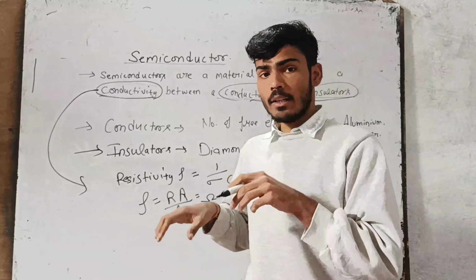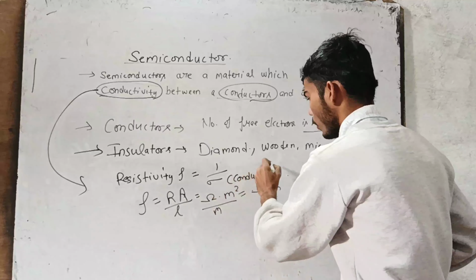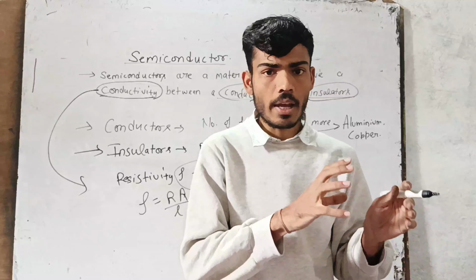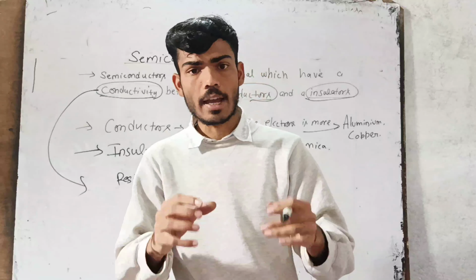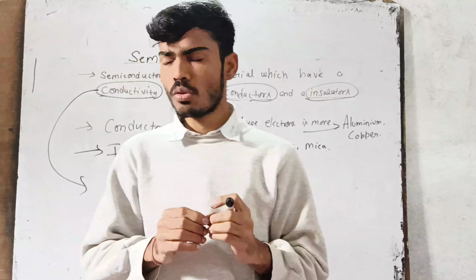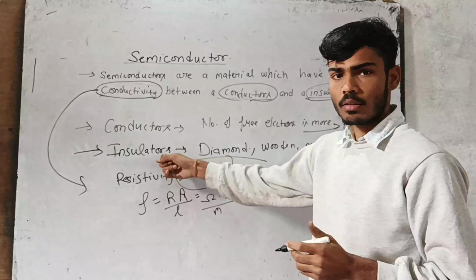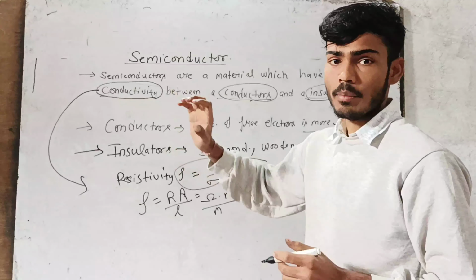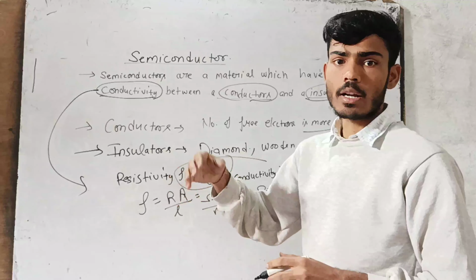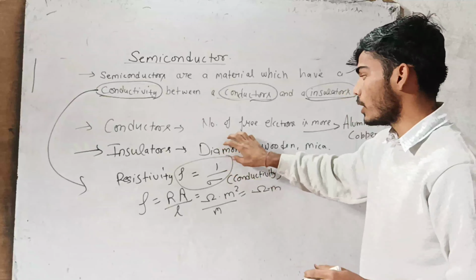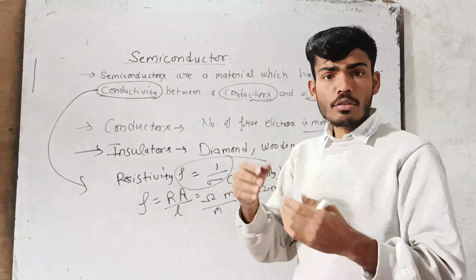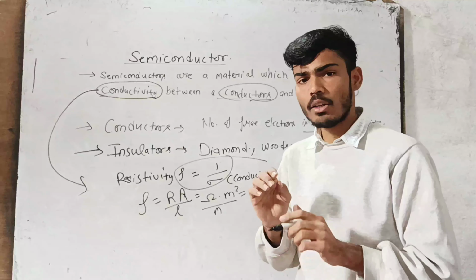Now you can clearly see by this formula, if any particular material has high resistivity, its conductivity is low. So here, as I told you, in insulators, resistivity is very high, meaning its resistance is very high, so it does not allow the current. It means its conductivity is very low, meaning conductance of free electrons is very low.